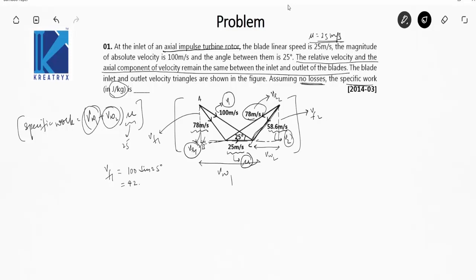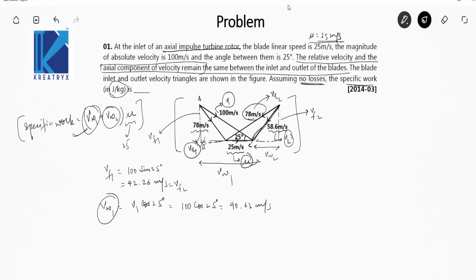This will be 42.26 meter per second, and this will be equal to vf2 because it has been given that the axial component of velocity also remains the same. So this will be vf2. Now vw1 will be v1 cos 25 degrees from the same triangle, so that will be 100 cos 25 degrees, which is 90.63 meter per second. So now we have got vw1.